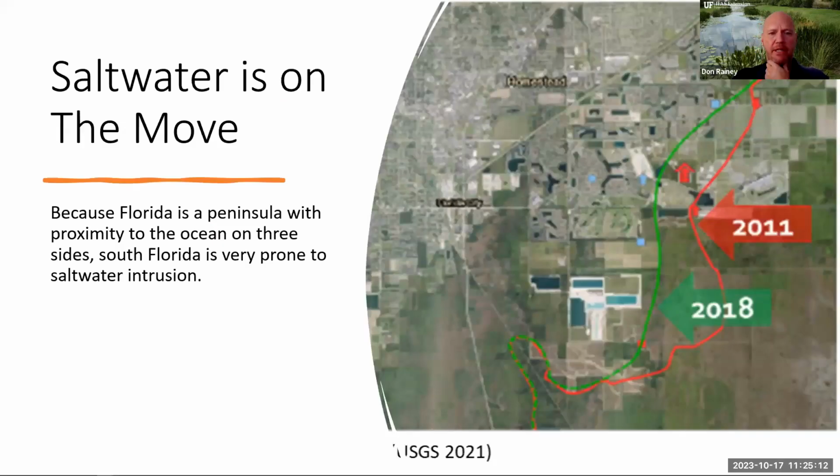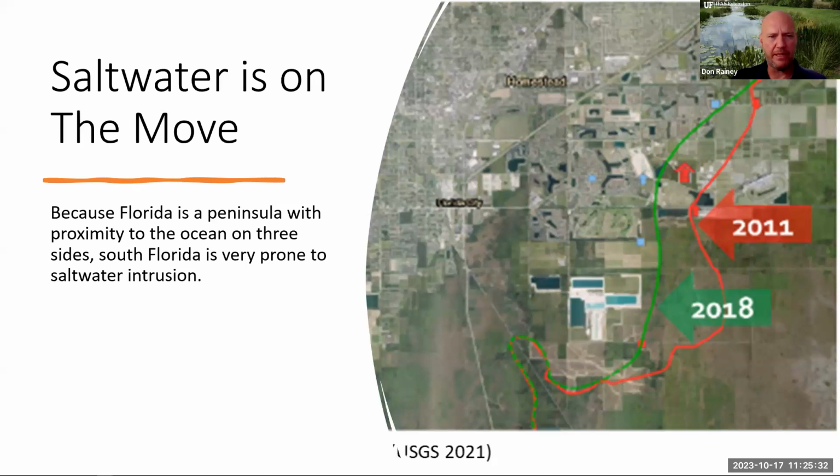Another thing to think about too, and this is a study that's going on. Actually, this is a publication that I have for you, but saltwater movement. So we've been monitoring underground saltwater movements. This is a USGS study too, down in Homestead area. I don't know if you can read that, but it does say Homestead.